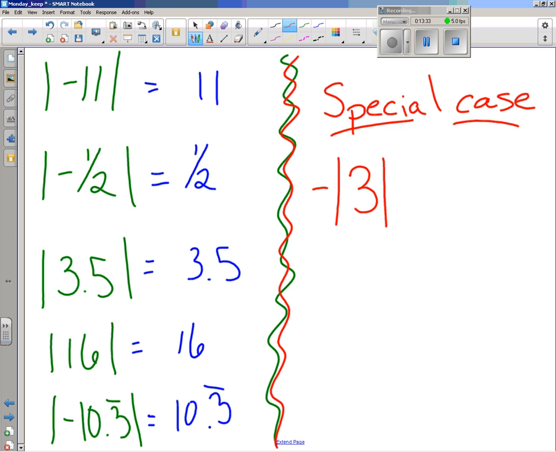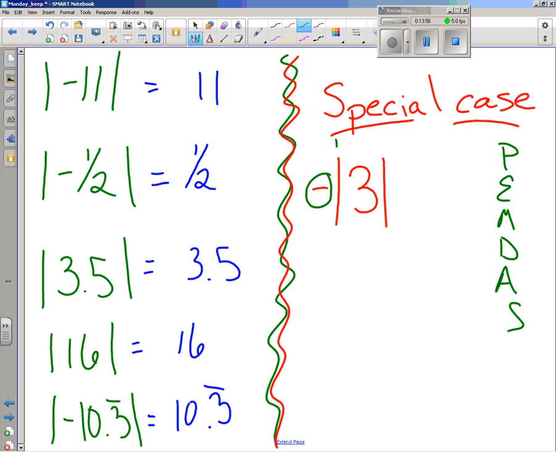Now, I've told you over and over and over again in this video that absolute value cannot be negative, and that's true. But because this problem has a negative sign outside the absolute value, it's kind of like parentheses in PEMDAS. You follow order of operations, you do what's inside the parentheses first.